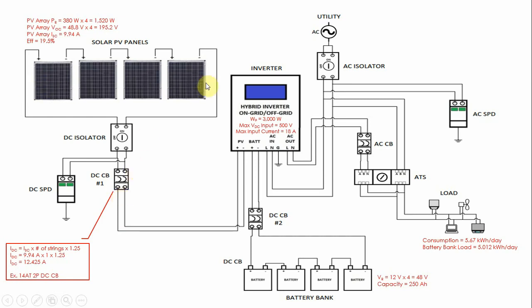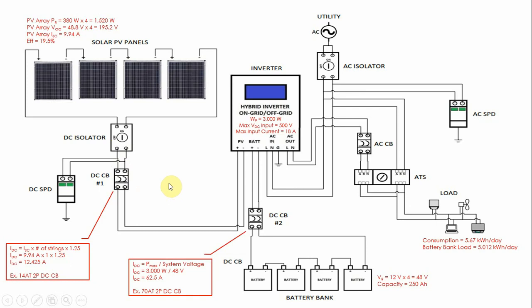In this case, we only have one string of solar panels, and multiply that by 1.25 as the buffer. So the current flowing through here is 12.42 amperes. In this example, we'll choose a 14 ampere trip 2-pole DC circuit breaker.